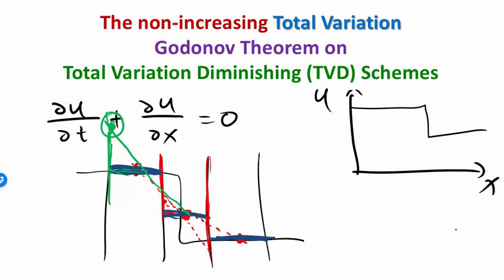It is a mechanism that detects local minimum and maximum. If a cell average is higher than both its left neighbor and right neighbor, I'm going to declare this a local maximum, and I'm going to turn off the extrapolation and fall back to the piecewise constant approximation.